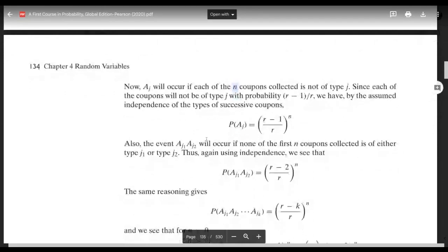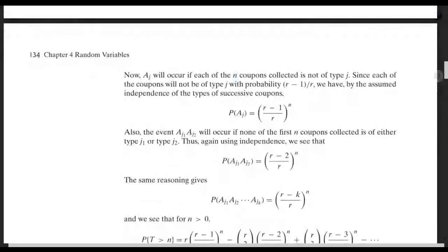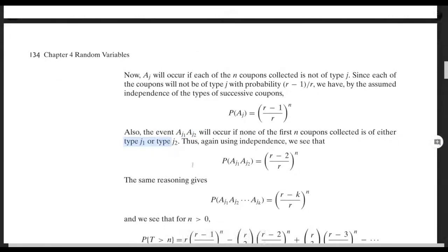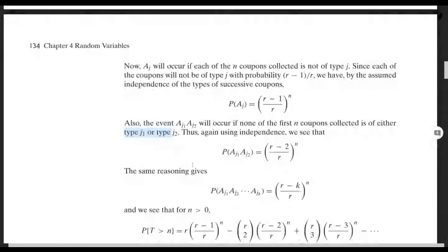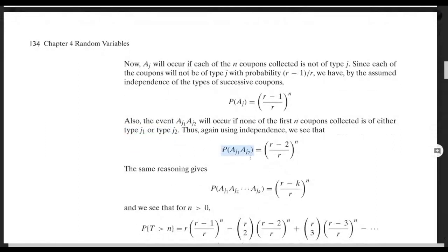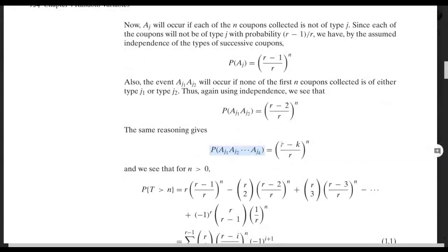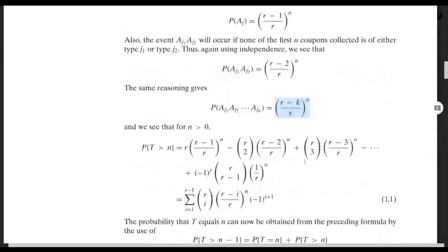Also, the event Aj1 and Aj2 will occur if none of the first n coupons collected is of either type j1 or type j2. Thus, again using the independence, we see that the probability of Aj1 and Aj2 equals R minus 2 over R raised to the n, right? The same reason gives all those.